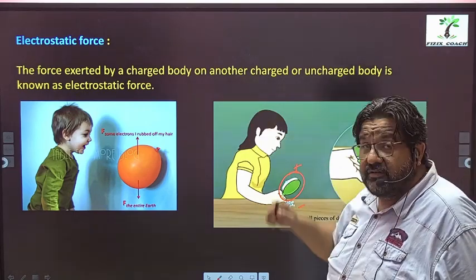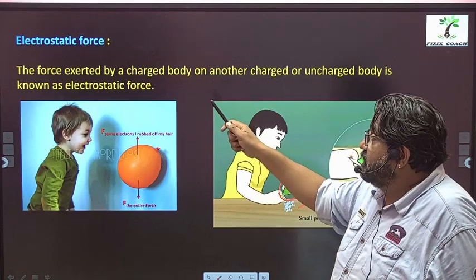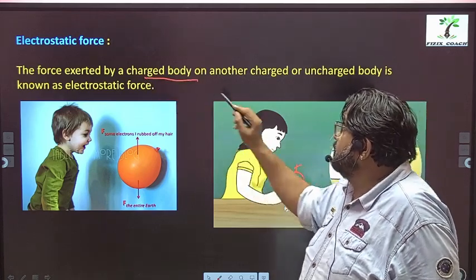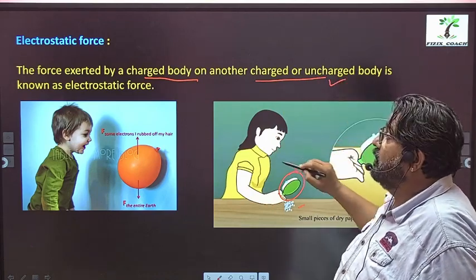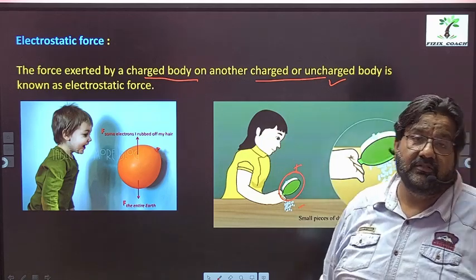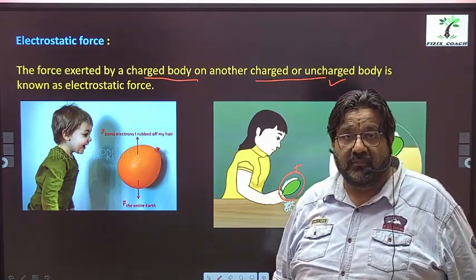So what is electrostatic force? The force exerted by charged bodies on another charged body or uncharged body is called electrostatic force. Right?